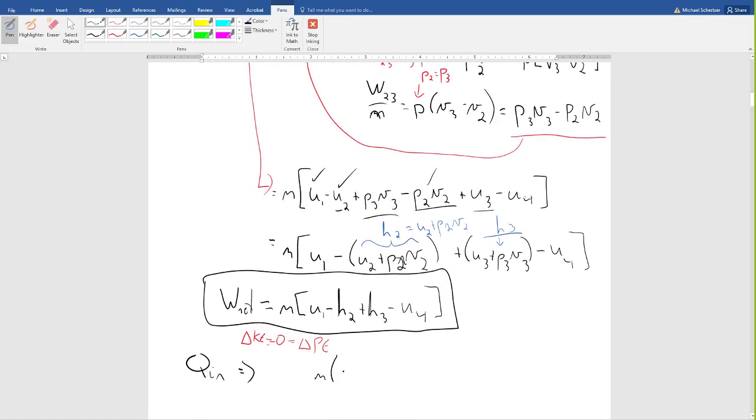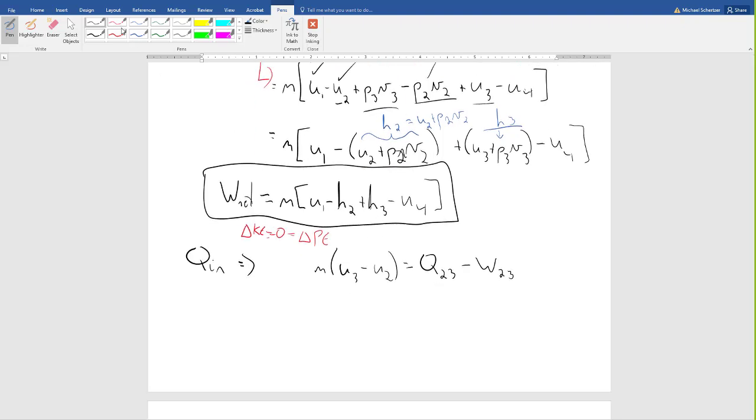So this is going to be U3 minus U2 is equal to Q from 2 to 3, that's Q in, minus W 2 to 3. But what I really want here is an expression for Q23. So I'm going to isolate for that. Q2 to 3 is going to be equal to W23 plus M times U3 minus U2. We already found W23 was this.